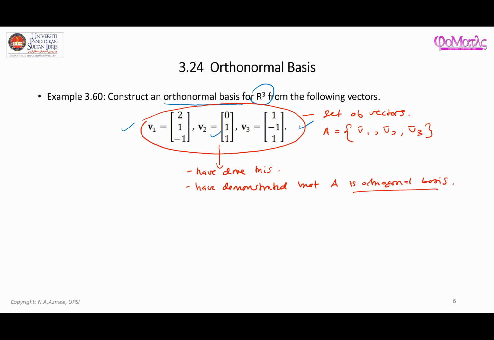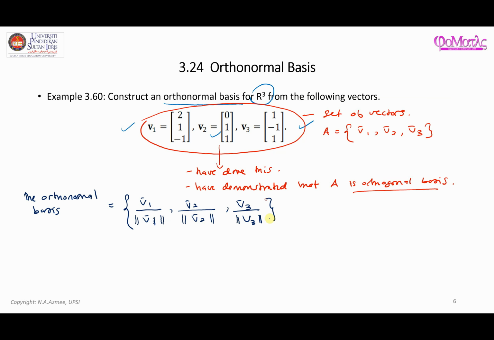Therefore, in this example here, the orthonormal basis will just be, we have to use this formula: vector 1 divided by the magnitude of vector 1, vector 2 by the magnitude of vector 2, and vector 3 by the magnitude of vector 3.